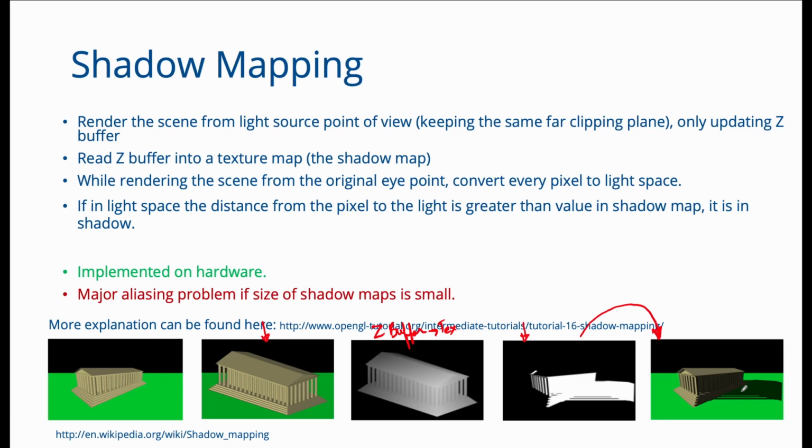So remember that there can be many points in your scene, and there are only a fixed number of pixels available in your texture or shadow map. So there are sampling errors when you go from the scene to the texture, and this can cause aliasing in your shadows. So what will the aliasing appear as? The aliasing will appear as jagged boundaries for the shadows. The boundaries of the shadows will not be smooth.